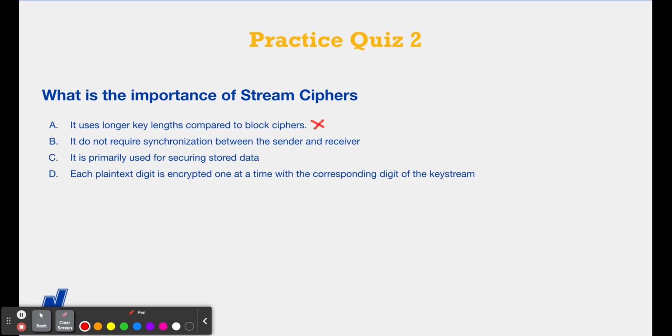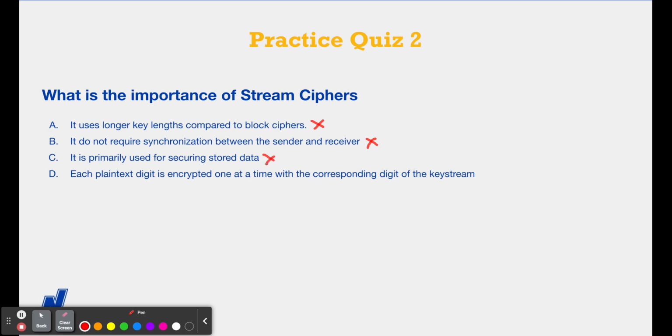It does not require the receiver and the sender to be synchronized. That doesn't seem right, because one of the things is that they need to be synchronized for it to actually work. It is primarily used for securing data. We haven't talked much about that, so I don't think that's the correct answer.